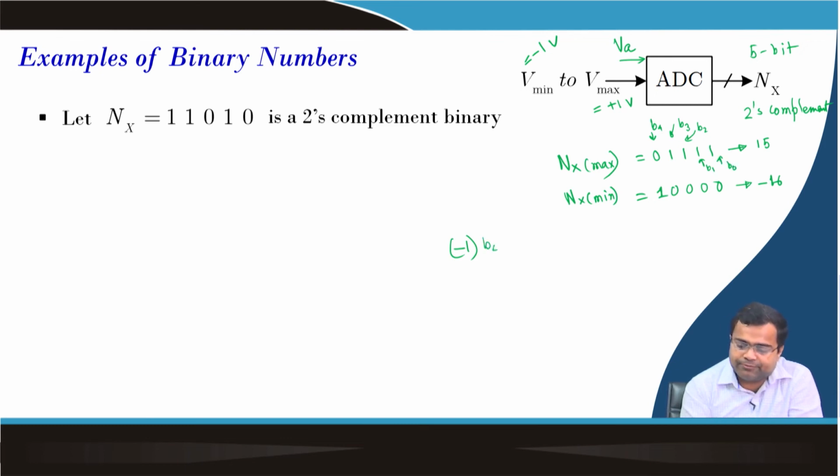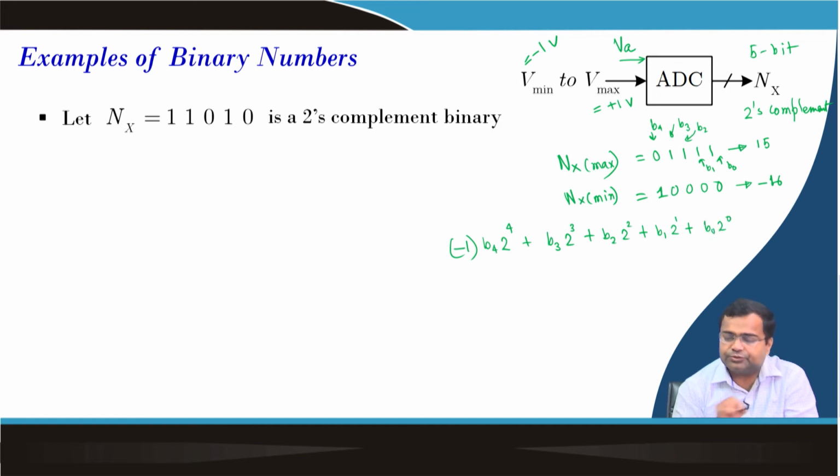So this will be minus B4 into 2 to the power 4 plus B3 into 2 to the power 3 plus B2 into 2 to the power 2 plus B1 into 2 plus B0 into 2 to the power 0. So if the leading bit is 1 and all others 0, that is the maximum negative or basically the minimum value. So that means we can represent minus 16 corresponding to minus 1 volt, and plus 15.